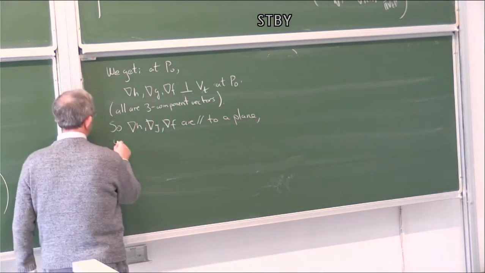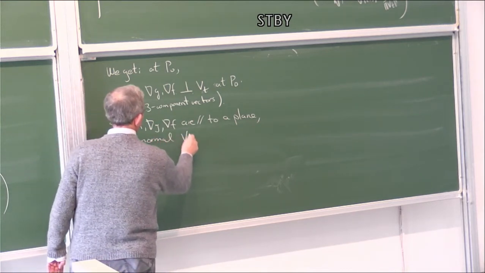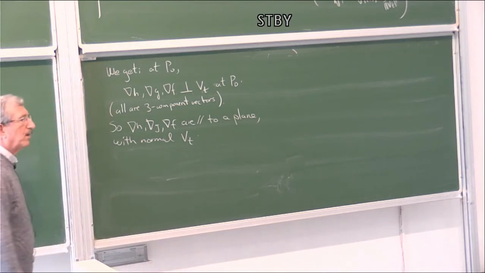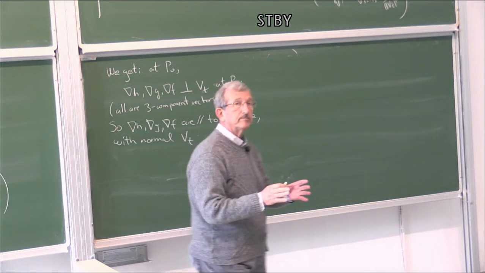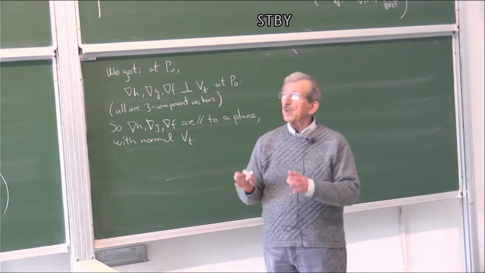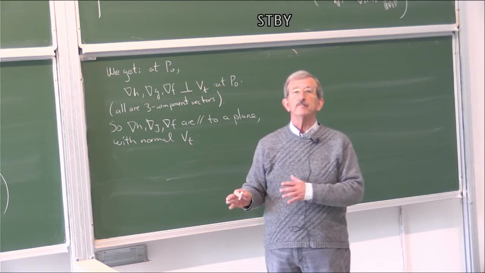Now, if you have three vectors in a plane, then you can always write one of them using the others.